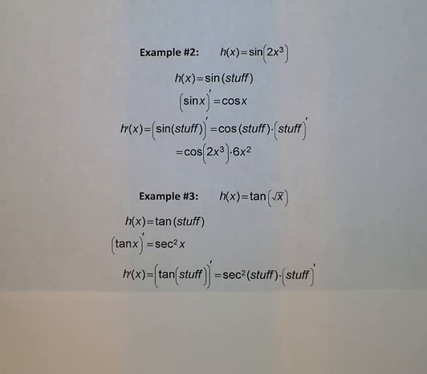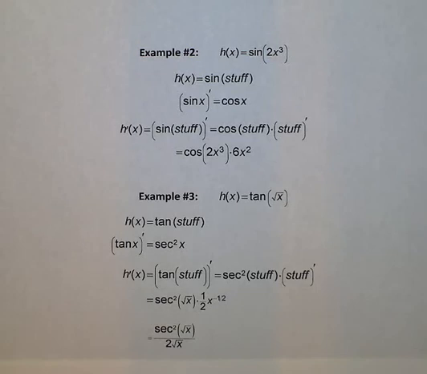Our stuff in this example is square root of x, so h prime of x becomes secant squared of square root of x times the derivative of square root of x, which is 1/2 x to the negative 1/2, or if we want to write this in a somewhat simpler form, we have secant squared square root of x over 2 times the square root of x.